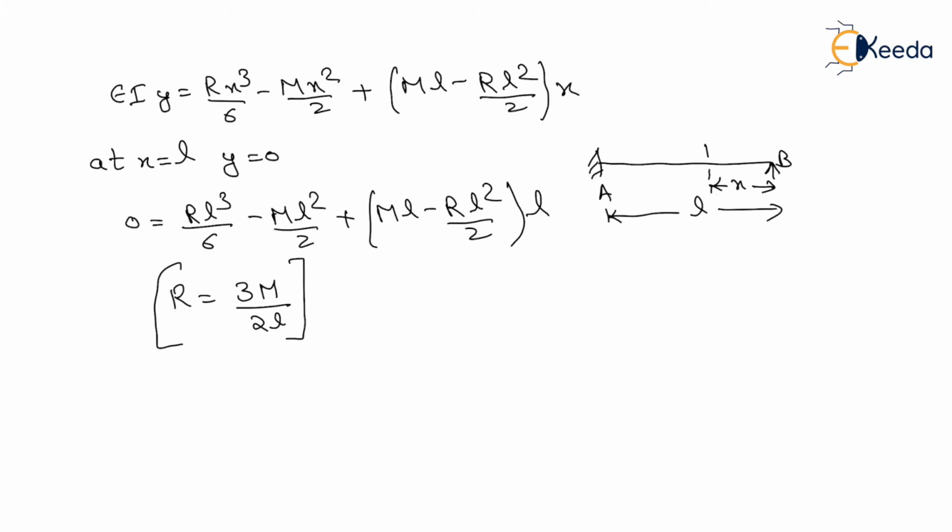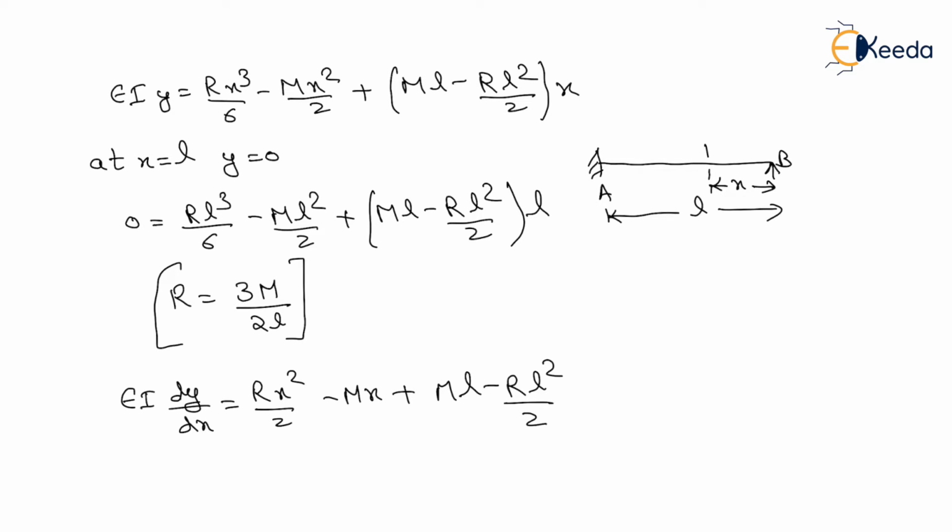Now we need to put this value of R in the equation EI dy by dx. So what will be the equation of EI dy by dx? It will be equals to Rx square by 2 minus Mx plus ML minus RL square by 2. Now we will put the value of R in this equation.